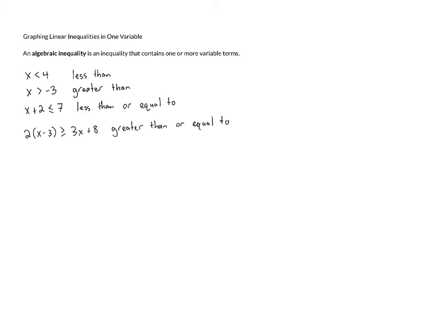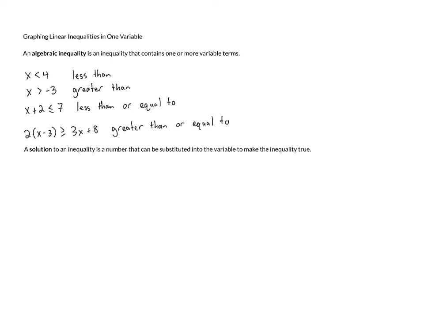Now, just like we solved equations, we're going to solve inequalities, but that's something we're going to get to in the next lesson. Because first, we're going to look at graphing these inequalities. So just like with an equation where we had solutions to the equation, we're also going to have solutions to inequalities.